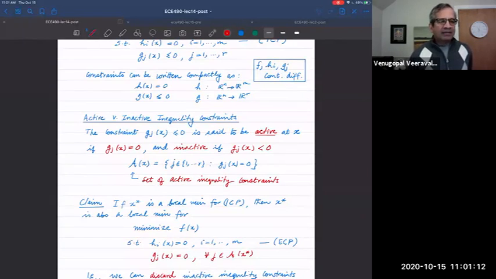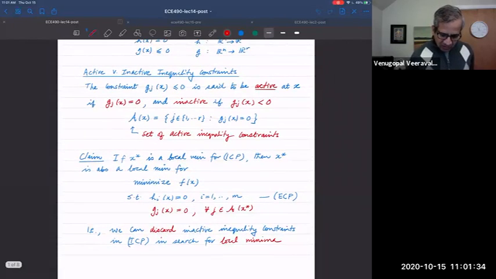If they're inactive, they don't really matter in terms of developing necessary conditions for optimization. And we gave some intuition for that. Inactive means that the inequality constraint is strict, I mean, g_j(x) is strictly less than 0.